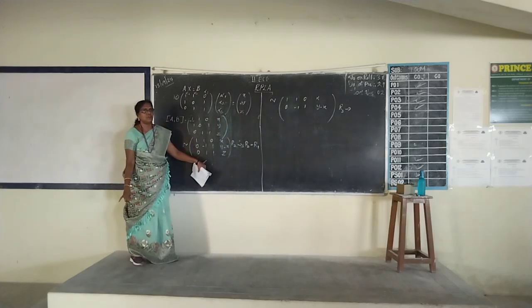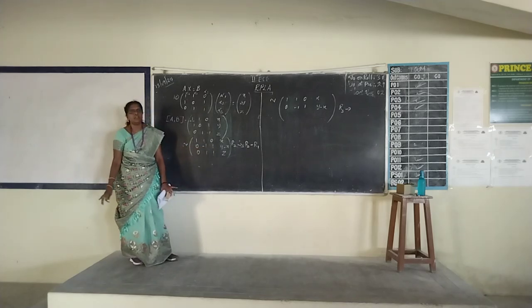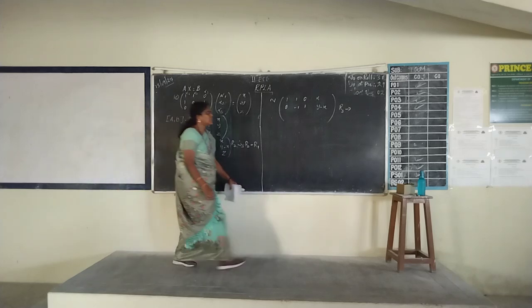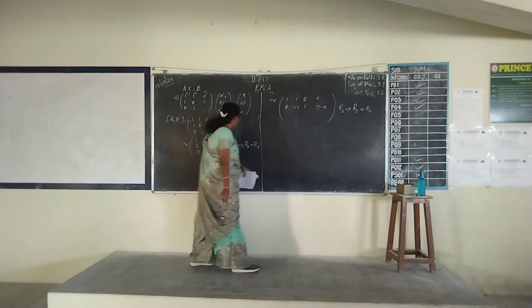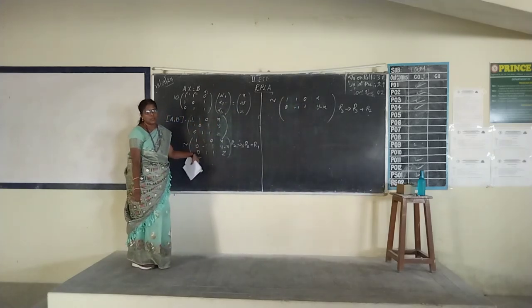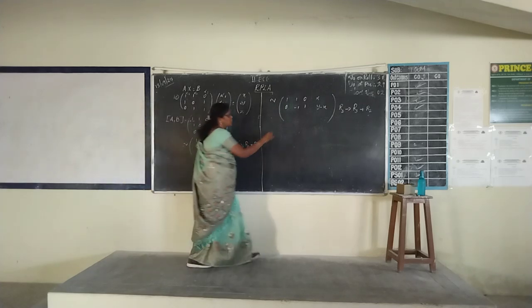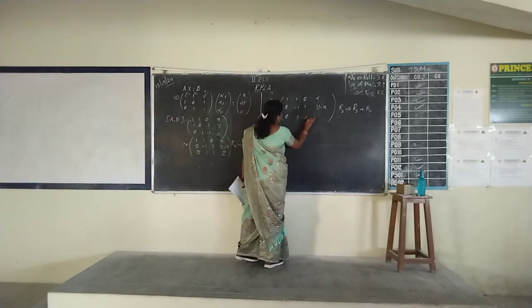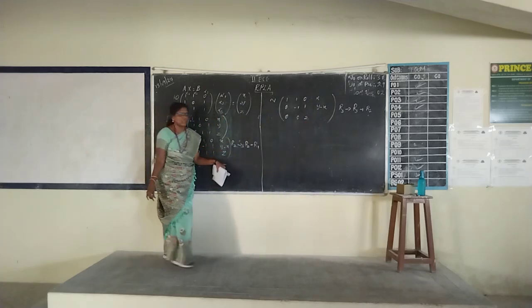How can you make it 0? Plus, because both are of same value and opposite signs. So if you just add, that is enough. So R3 is transformed as R3 plus R2. Just add both. 0 plus 0 will become 0. Minus 1 plus 1, 0. 1 plus 1 will become 2. So 0, 0, 2. What will be the last one? Y minus x plus z.